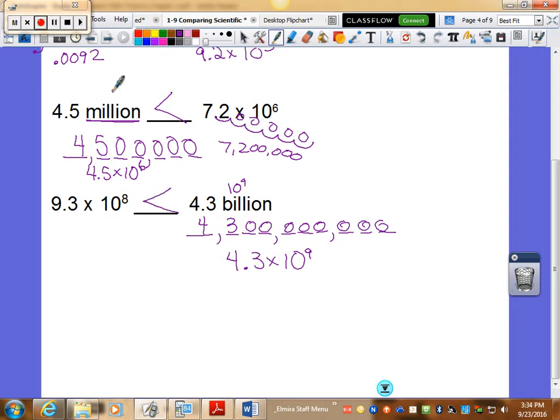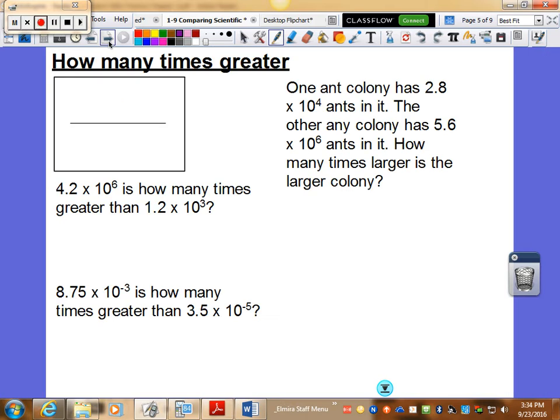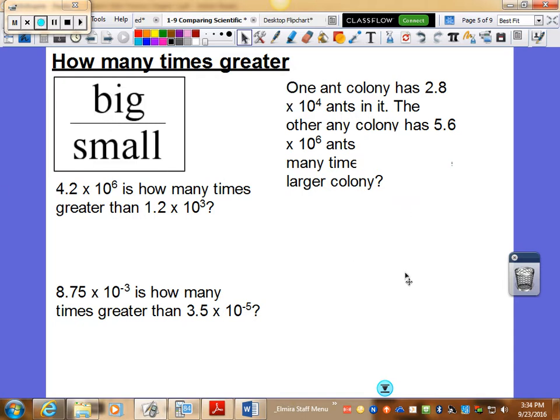So now that we can tell what's bigger and what's smaller, the next thing we're doing is determining how many times bigger it is. So we set up a division problem, and the division problem is always going to be the larger number over the smaller number. Larger over smaller.